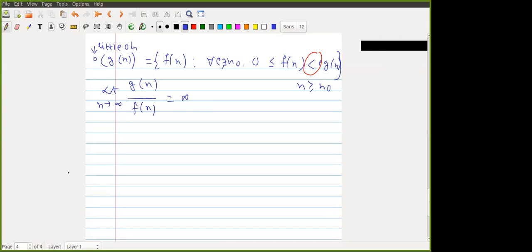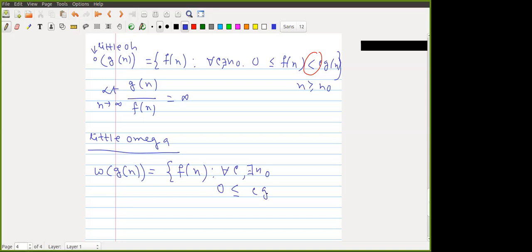As you can guess, there is another slightly related definition, which is little omega. It is just the other way around. Omega of g(n): for all c, there exists n naught such that 0 is less than or equal to c g(n), which is strictly less than f(n), for all n greater than or equal to n naught.